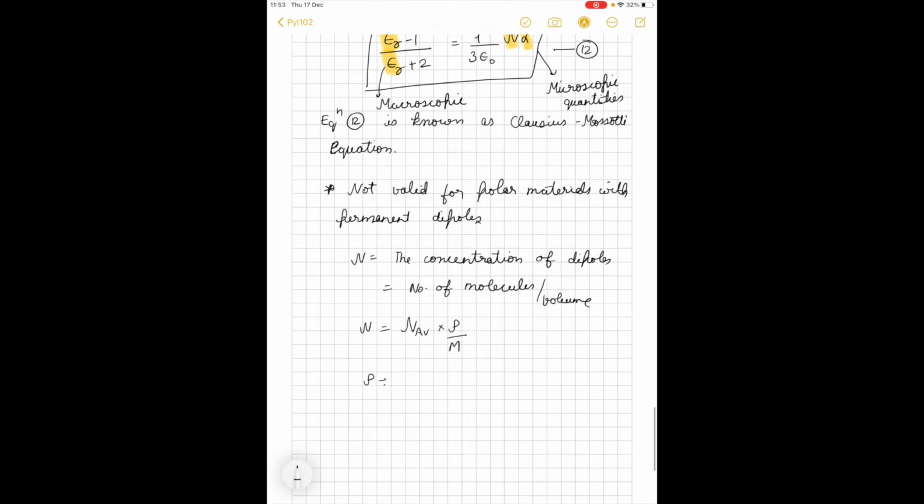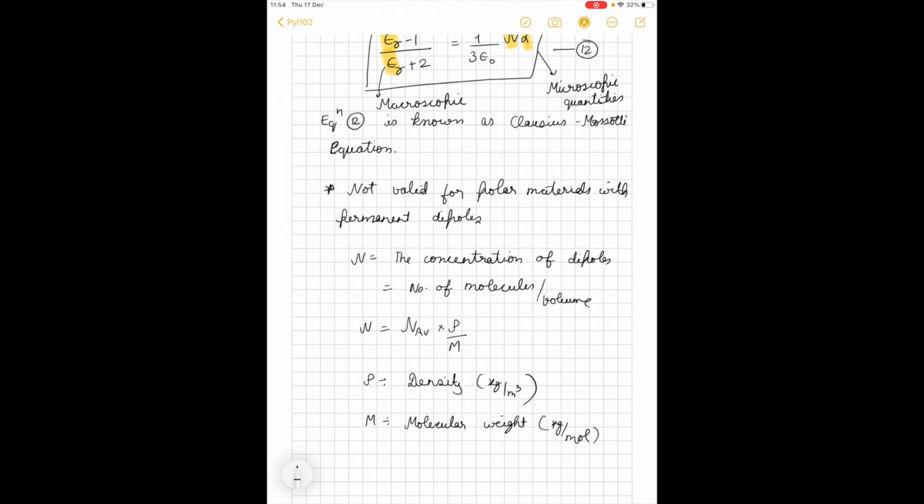And what are rho and M? Rho is the density, which will be in kg per meter cube, and M is the molecular weight, which will be in kg per mole.